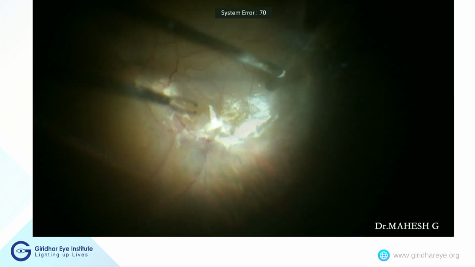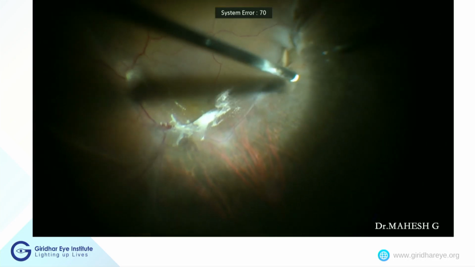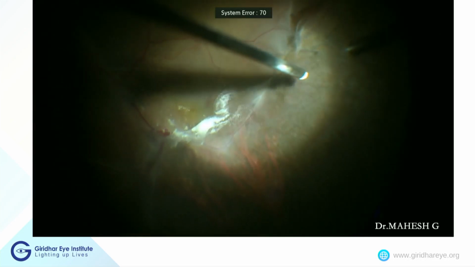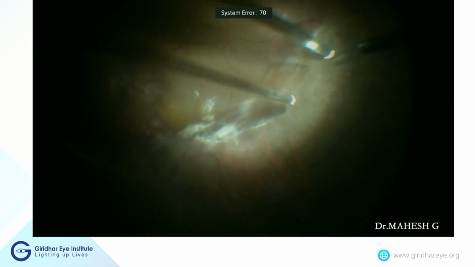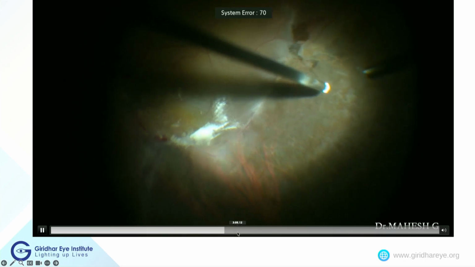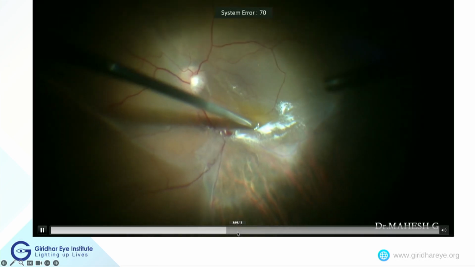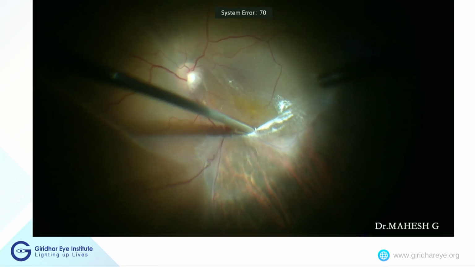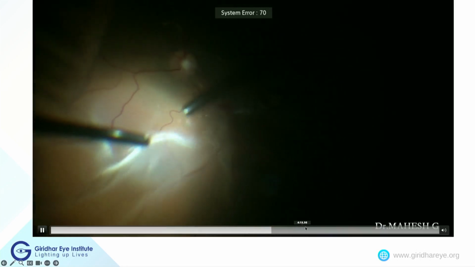This case underwent oil removal later, but many times we will not be able to remove the oil because of the hypotony and fibrosis. It will redetach again. So this is just shaving all other areas. By the time PVD was induced, it had become bullous. So, extremely difficult PVD induction.